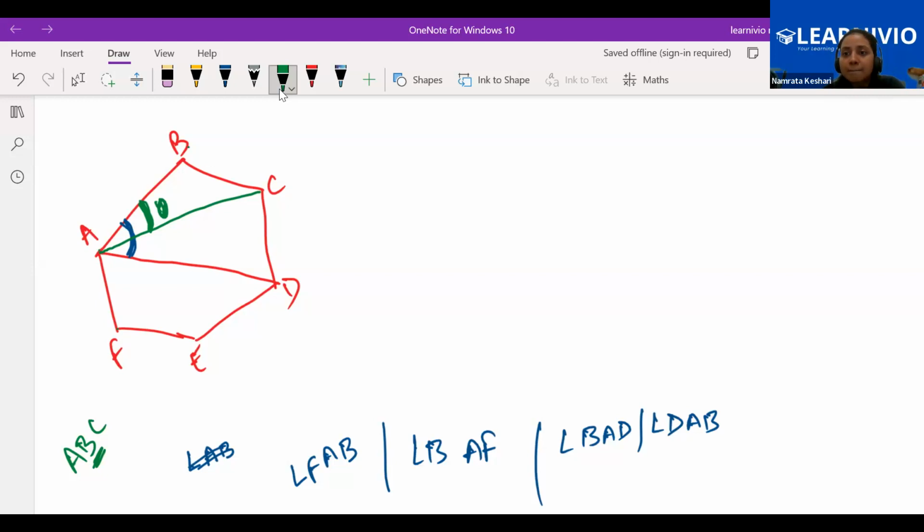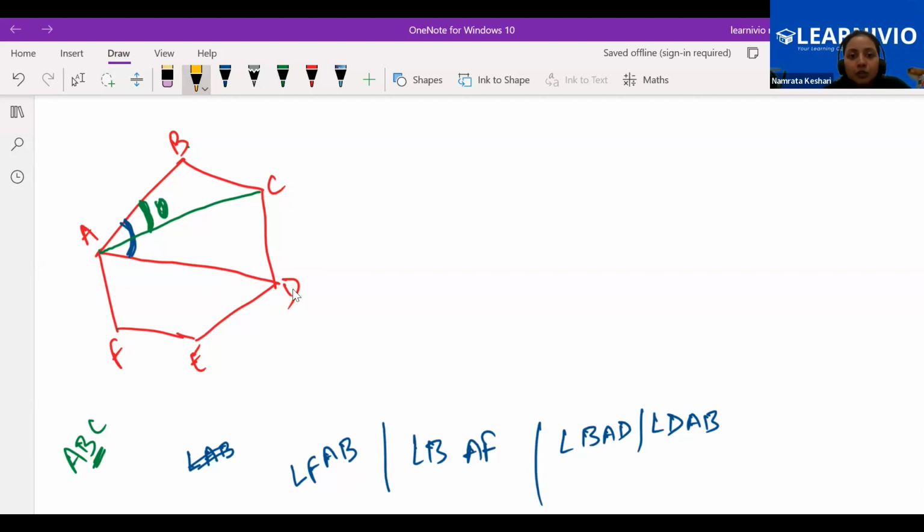So we must write A in the middle. What will be there at the two ends? Check it carefully. Only this much we want to represent. Which two lines are included? Can you see which two lines are included to make this green angle?